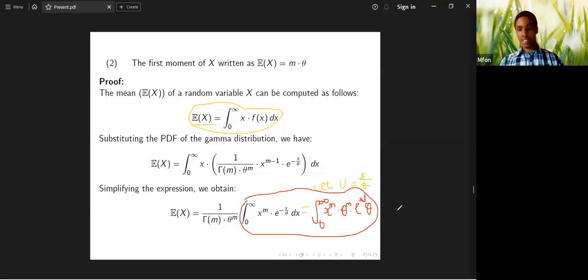So what we see here is that theta and this will cancel, making a remainder of theta over gamma m times, here we see that this resembles the gamma function as well. But instead of m minus 1 as the original, it is now m. So the gamma function will change from gamma m to gamma m plus 1.